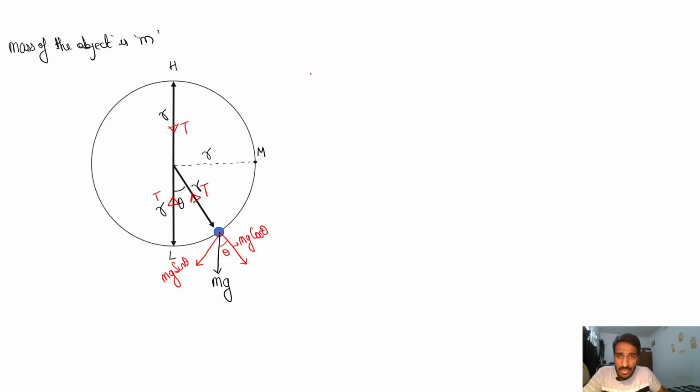Basically I have T should be equal to mg cos theta, but in this equation we have missed one term. What is it?